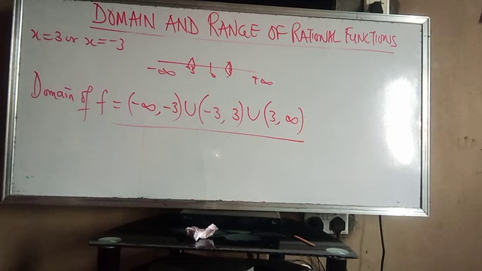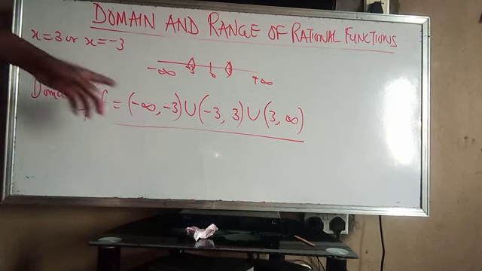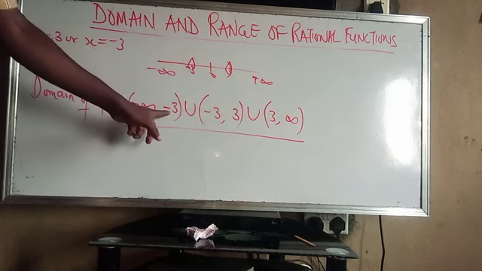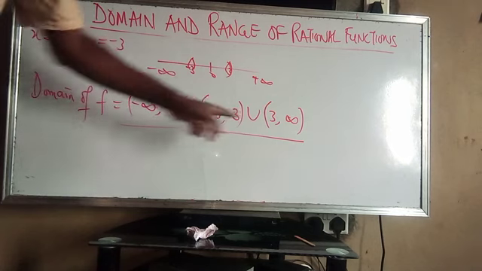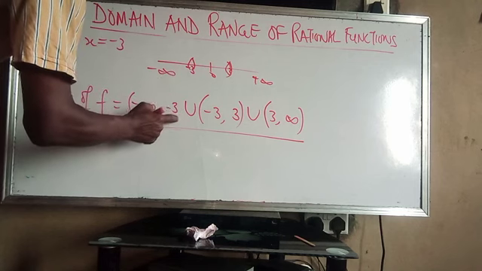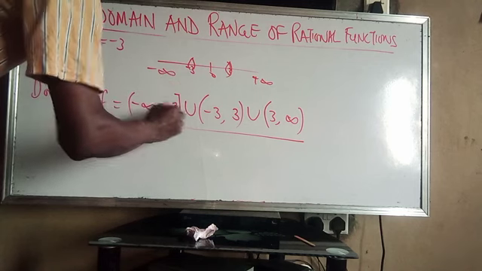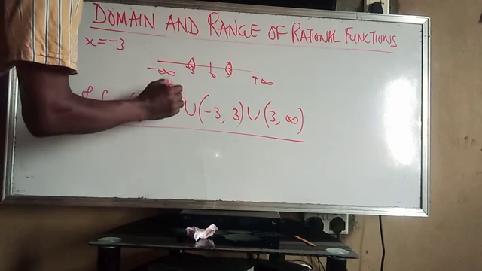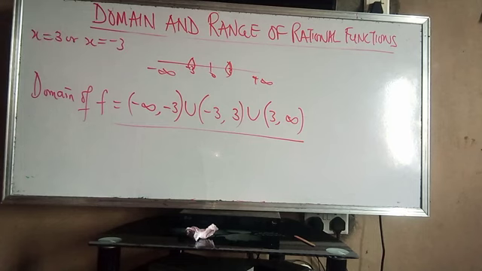So that's the domain of that function. It ranges from minus infinity to infinity, and note that minus 3 and 3 are not included. If they were included, the bracket would be a square bracket, but because they must not be included, it is a simple bracket.